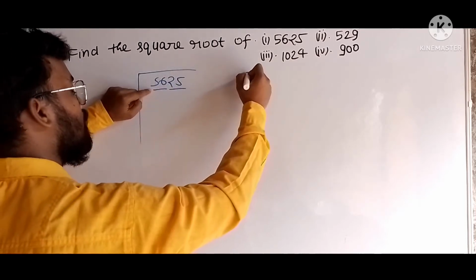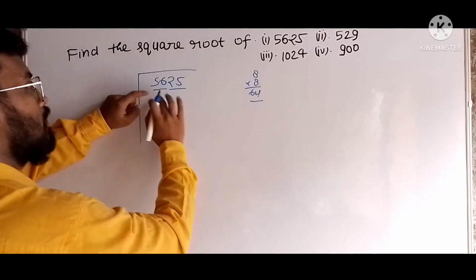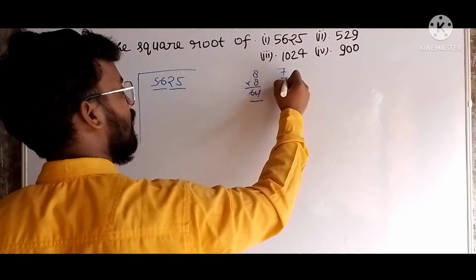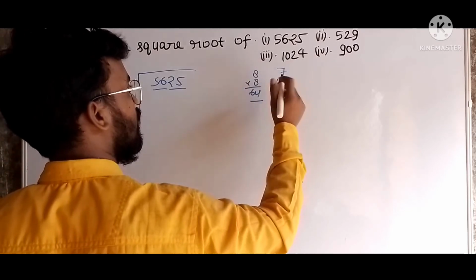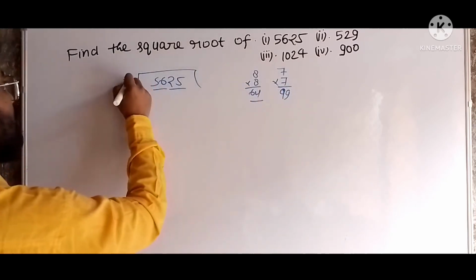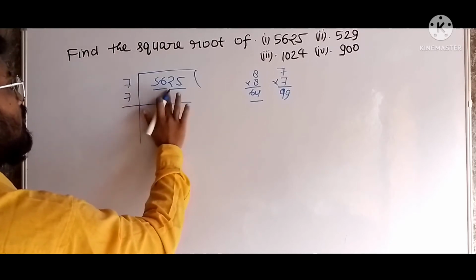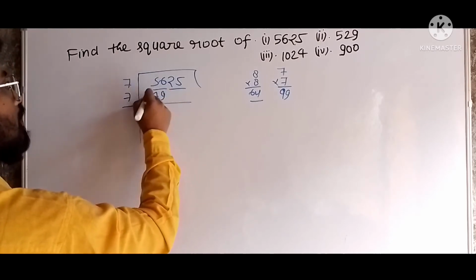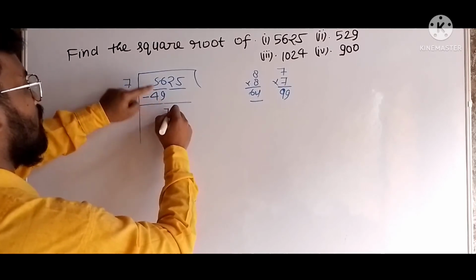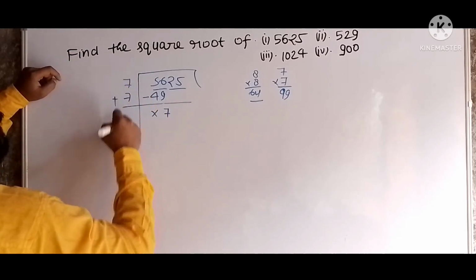If we multiply 8 by 8 we get 64, which is more than this number, so take one number less than that: 7 times 7 is 49, so take 7. Here you get 49, subtract it, from here you get 16 minus 9 is 7, and add 7 and 7, you get 14.